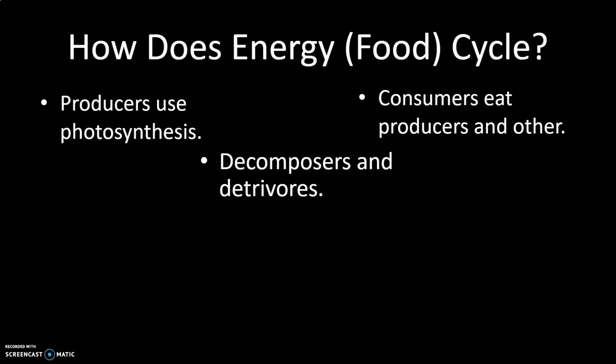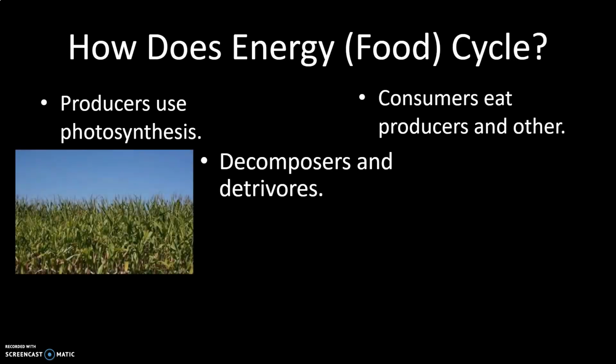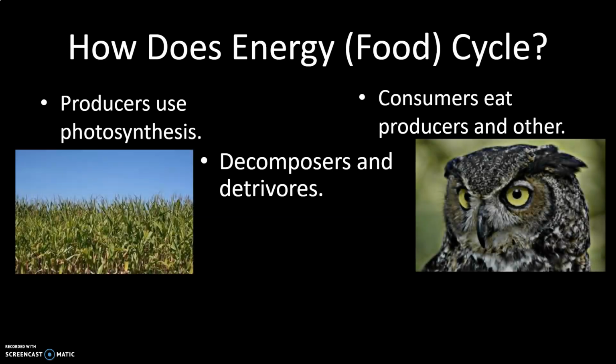How does energy cycle in food? Well, probably have some pretty good pictures that'll show it here. You have different levels. You have producers and consumers. And sometimes these terms are a little bit confusing. So you have a primary producer. And the only things that produce are things that photosynthesize.